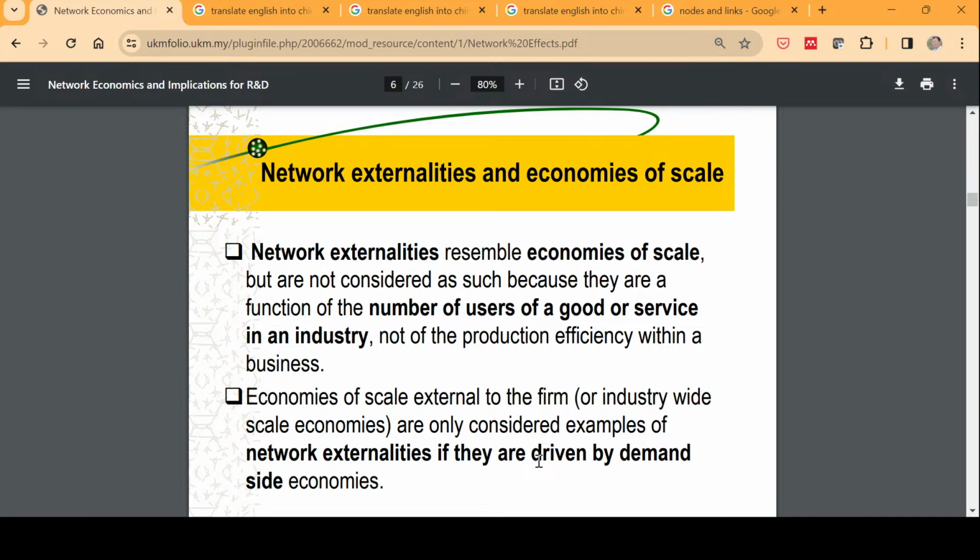Network externality creates network effects, which is a change in the benefit. Benefit means revenue or profits. A change in the benefits an agent derives from a good when the number of other agents consuming the same kind of good changes.